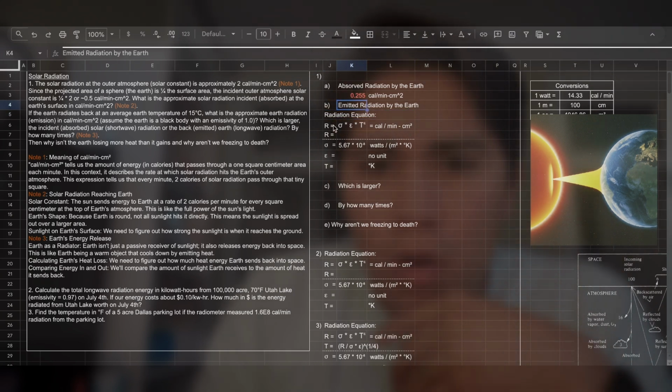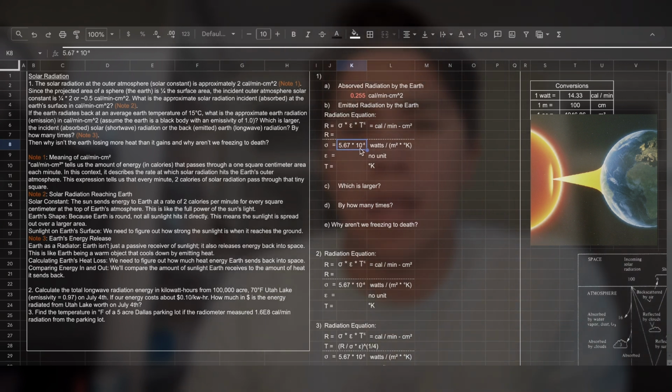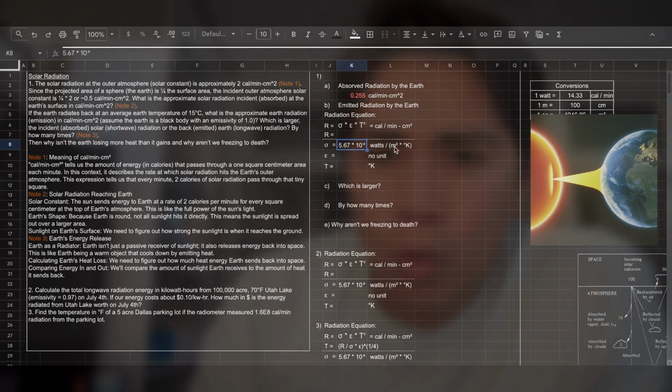So this is the equation: radiation equals sigma times epsilon times T to the fourth, where T represents temperature. And sigma in this case is a constant, and this is the value 5.67 times 10 to the negative 8 watts per square meter times degrees Kelvin to the fourth. Emissivity doesn't have units, and temperature needs to be in degrees Kelvin.